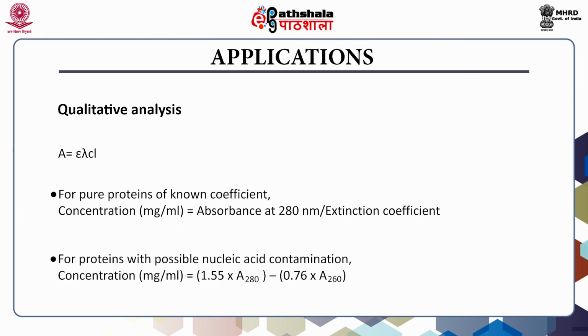The concentration of proteins with possible nucleic acid contamination can be calculated by the formula 1.55 times absorbance at 280 nanometer minus 0.76 times absorbance at 260 nanometer. Although proteins and nucleic acids can be measured in the UV range, there is an additional requirement of corrections for the interfering substances.